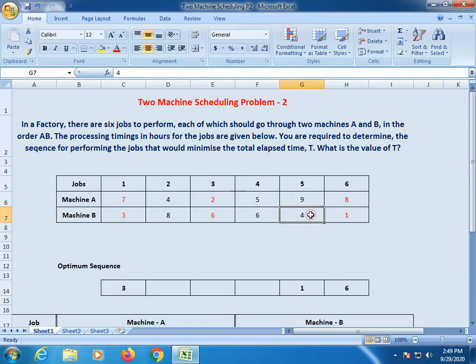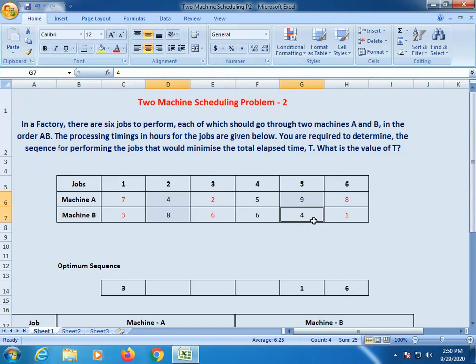So this 4's corresponding value is 9 and the next 4's corresponding value is 8. We have to check both these corresponding values when we have more than 2 shortest processing timings.